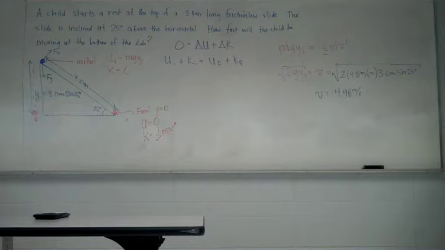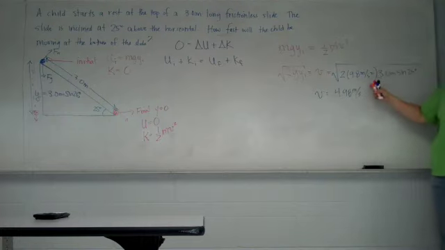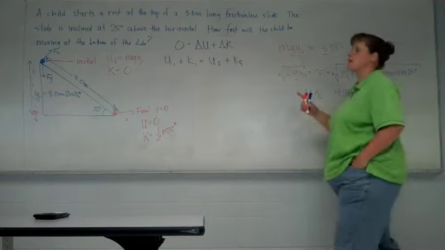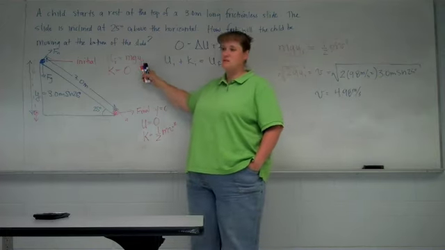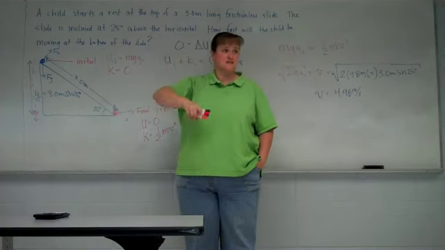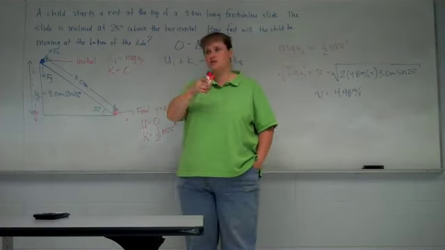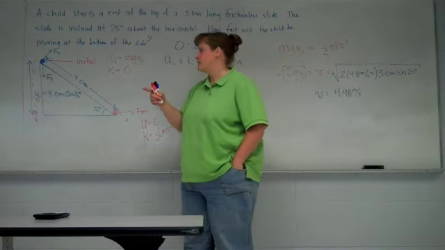So energy works quite nicely to relate speed to height. It was a pretty quick little step getting our equation there. You do have to remember, though, gravitational potential energy, mgy, depends only on vertical distance, not at all on horizontal. Okay?